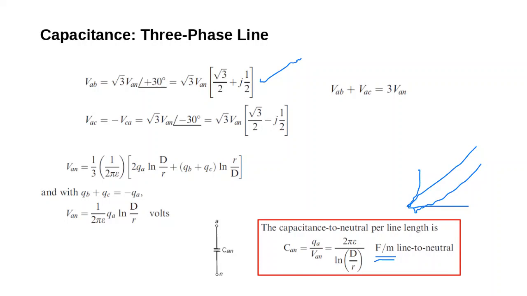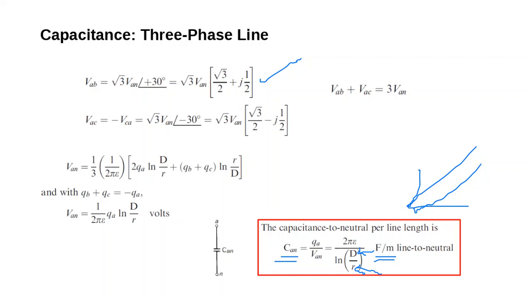R is the radius of the conductor. D is the distance between each conductor. Therefore, the capacitance to neutral is CAN for one phase, and the second phase will be the same, and the third phase will be the same, because they have equal phase spacing.